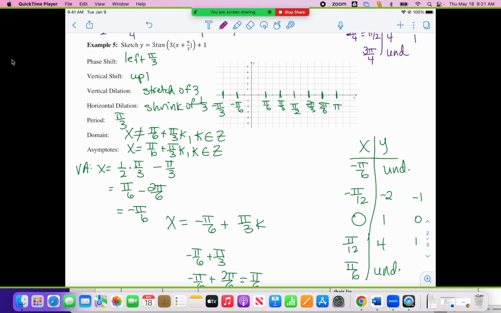The in-between tick that I haven't marked is really a pi over 12.